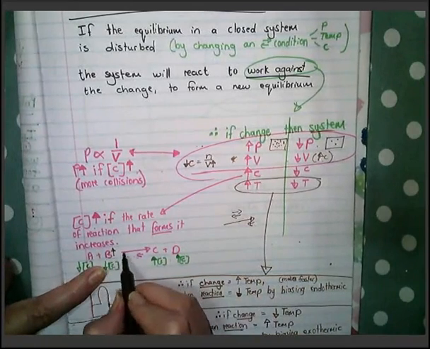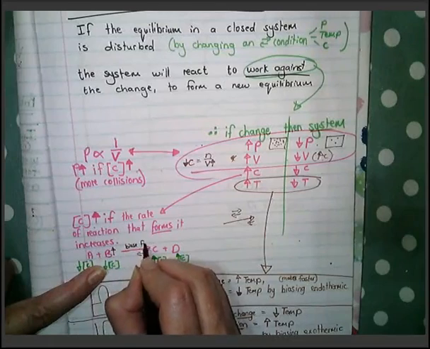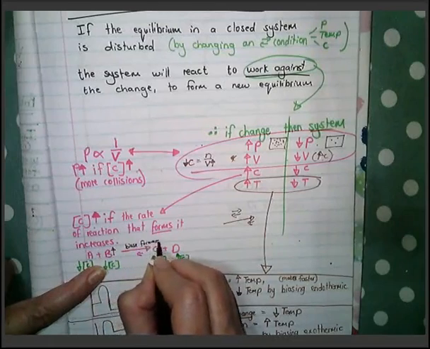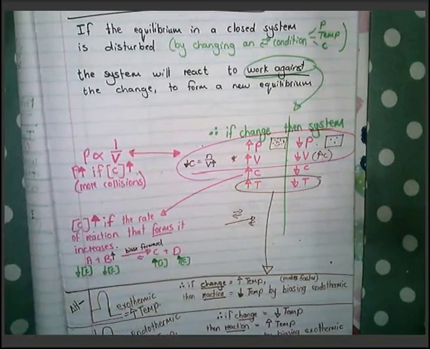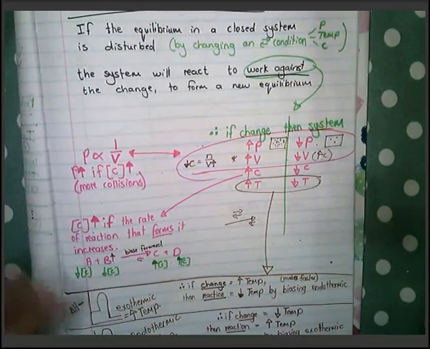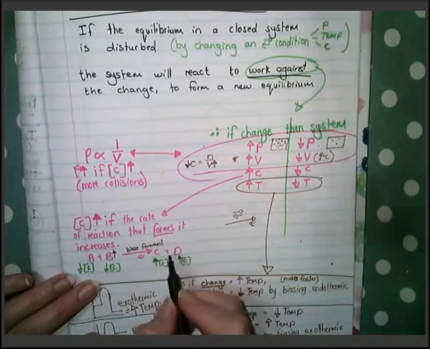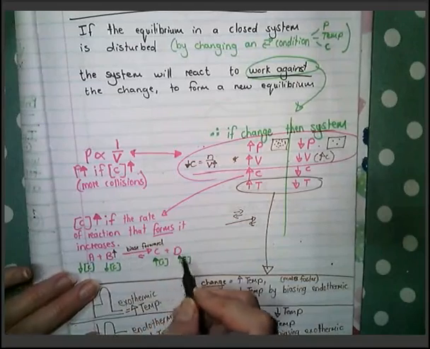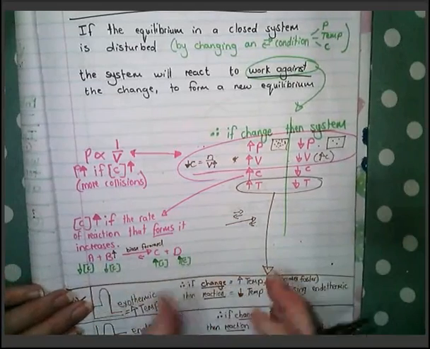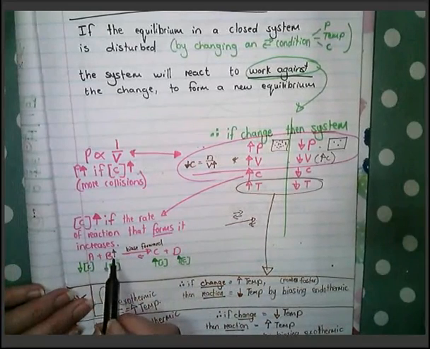And it will decrease the concentration by biasing the forward reaction. That's the only thing the system can do. It can bias a forward reaction or it can bias a reverse reaction. Okay. And biasing forward and reverse reactions make more of the one and less of the other. More, in this case, more product, less reactant. Okay.